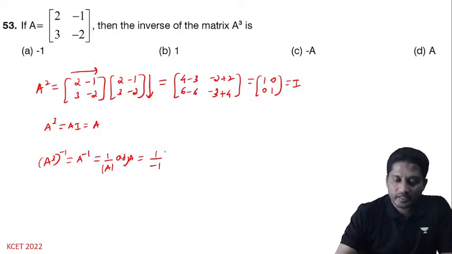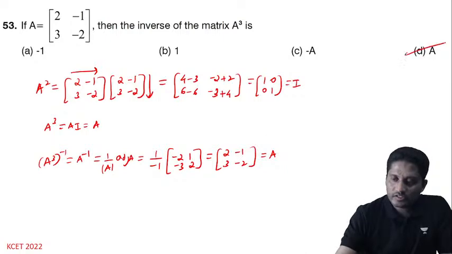Yes, determinant A is minus 1. Adjoint is, interchange the diagonal elements and change the sign of other elements. If you multiply minus inside, you will get 2 minus 1, 3 minus 2, which is same as A only. Answer is option D.